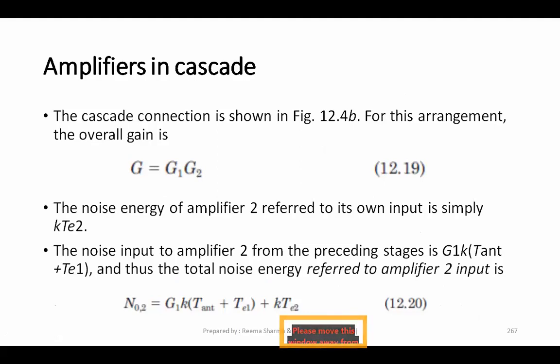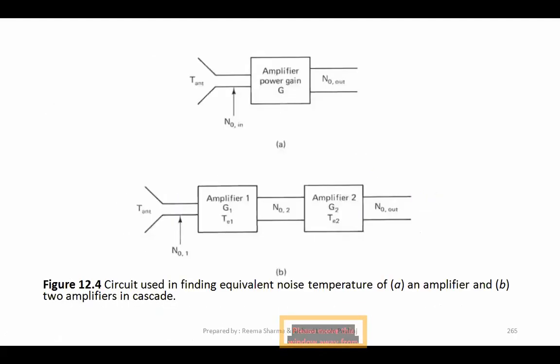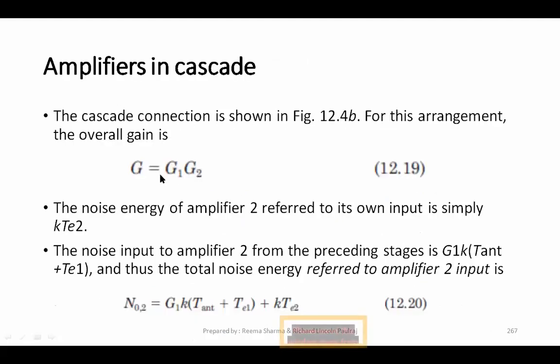Now, since we have two amplifiers here, G1 and G2, the total gain for the cascade connection will be G1 into G2. The noise energy of amplifier 2 is given as K T_E2, just to differentiate that this is because of the second amplifier, and numeral 1 denotes the first amplifier.